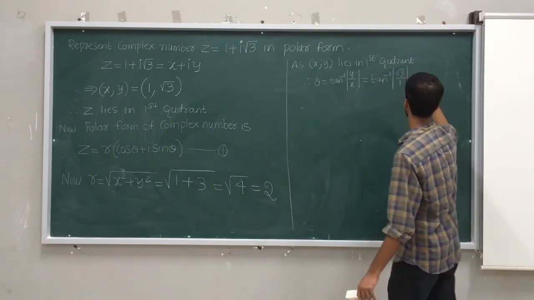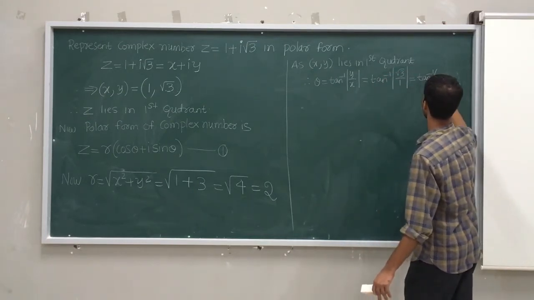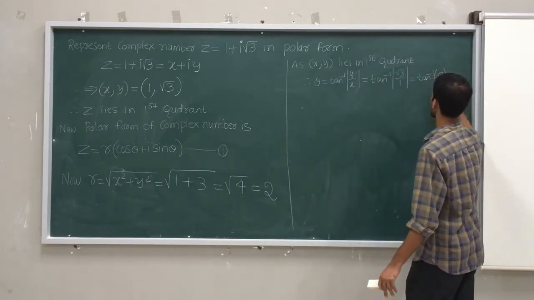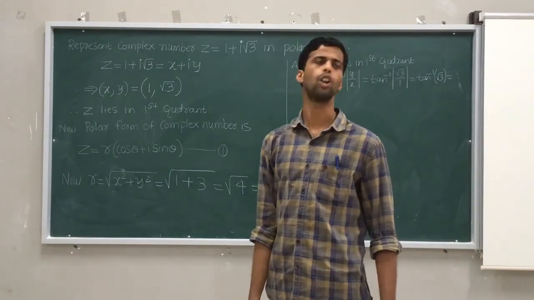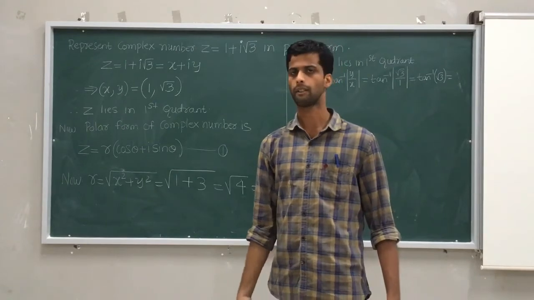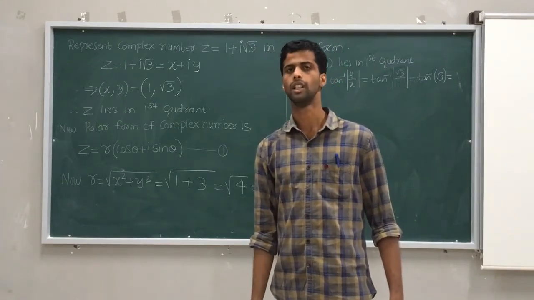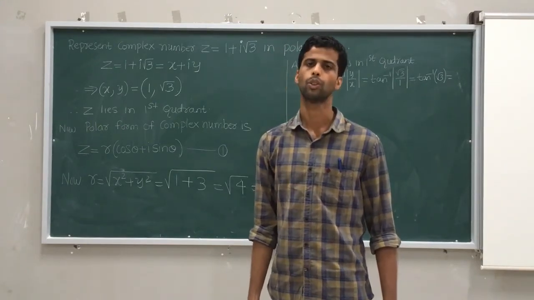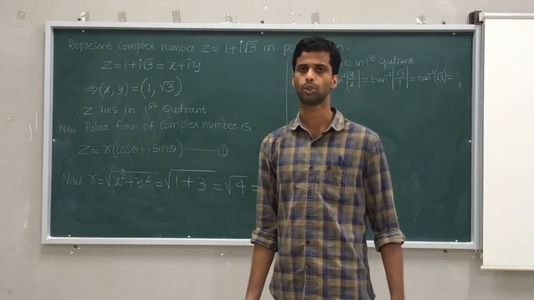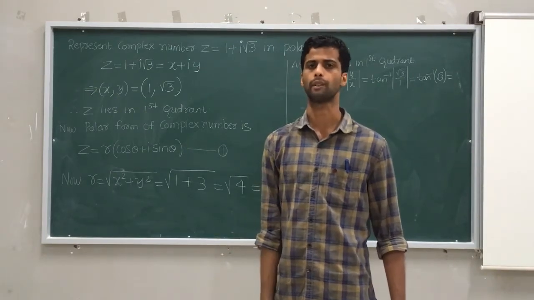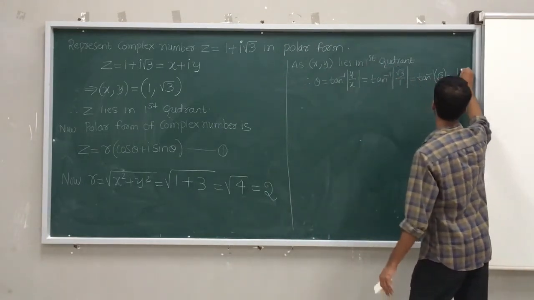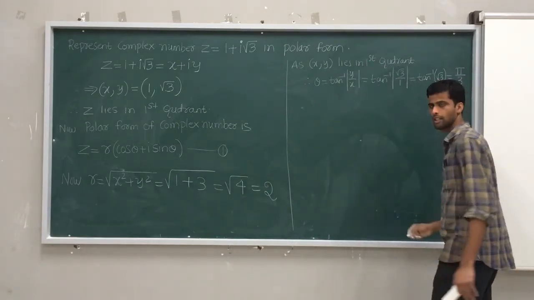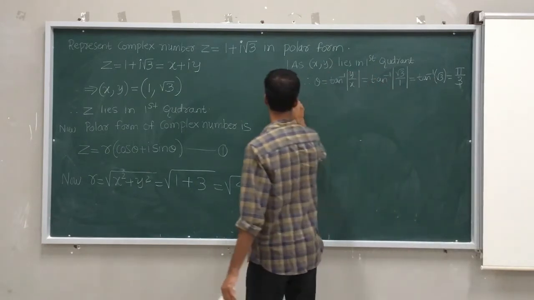Again it is positive only, so I will write tan inverse of root 3. Tan inverse of root 3 is nothing but sine by cos, sine of 60 degrees divided by cos of 60 degrees. Yes or no? Sine 60 is root 3 by 2, cos 60 is 1 by 2. So the 2s get cancelled, and you will end up with tan inverse of root 3. The angle for which tan is root 3 is pi by 3. Yes or no? Therefore theta is pi by 3.